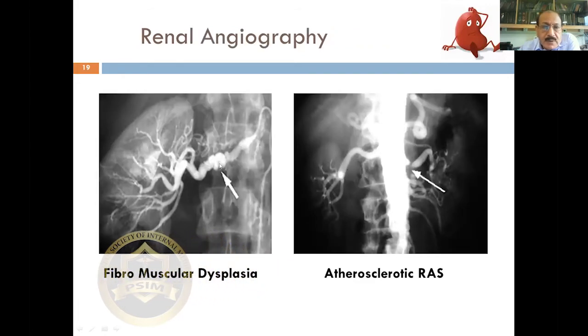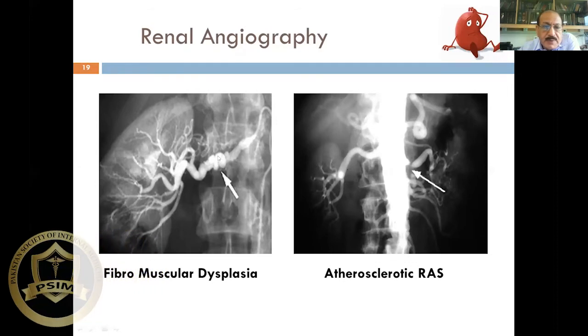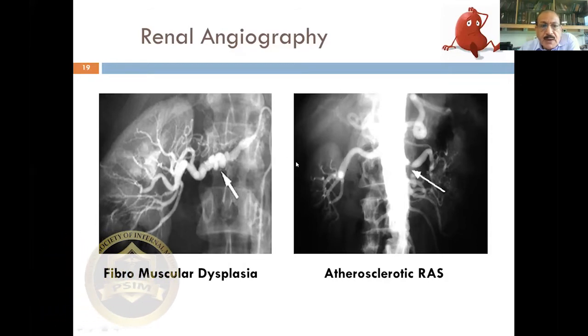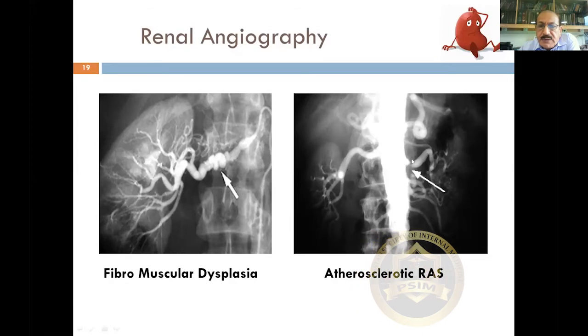These are the typical angiograms that you see. This is fibromuscular dysplasia. You see this beaded appearance here, and this is a typical atherosclerotic type of lesion where the runoff is good, but there's a critical stenosis present here near the ostium.